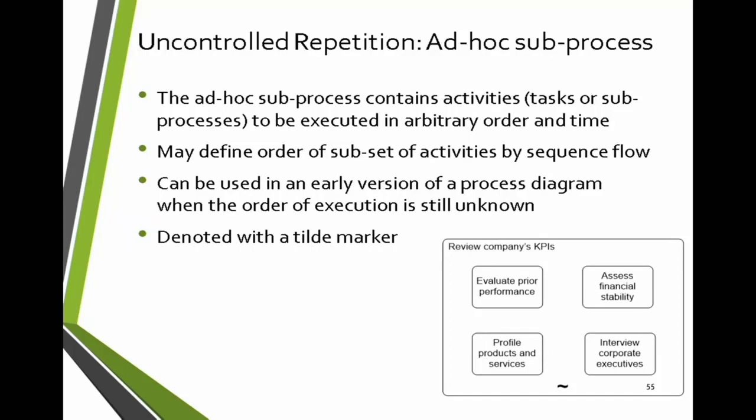So should there be an arc between those two? In case I have an arc here, in between those two, then I will need to do this activity first before I can do this activity. But I could do it multiple times. It will only restrict the fact that I cannot assess financial stability before I executed evaluate prior performance.